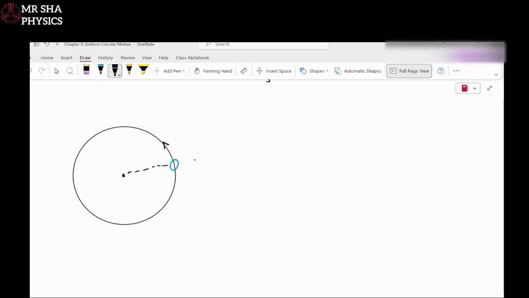What forces are making it travel in a circular path? Whatever those forces are, depending on the situation, what we will have is what we call a centripetal force.